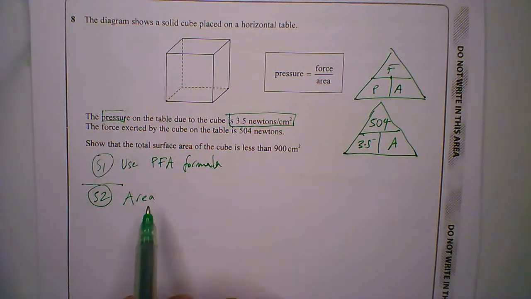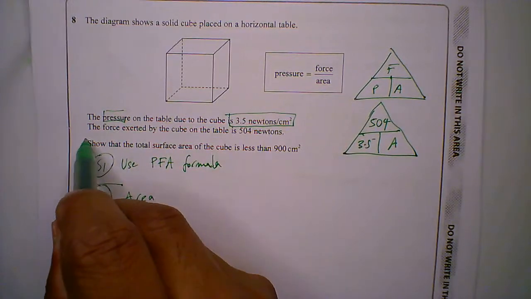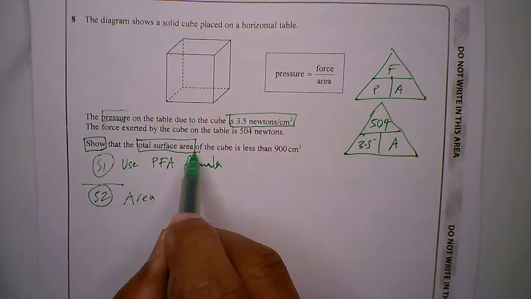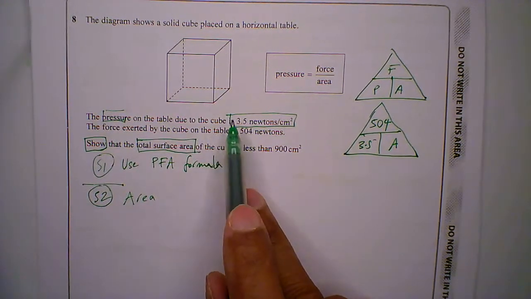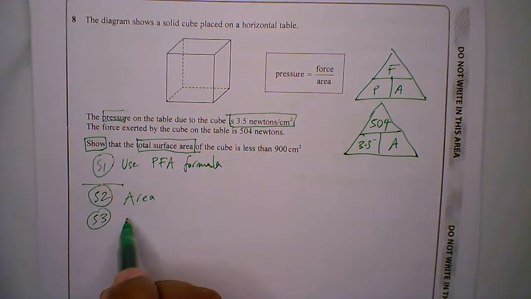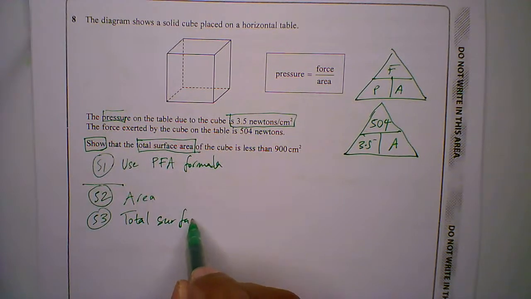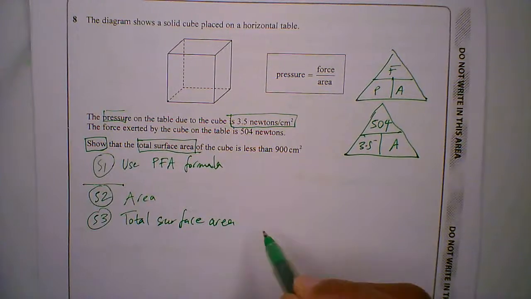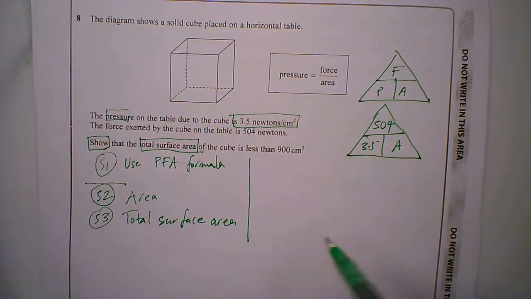Now, if you notice, this area and what the question is saying is slightly different. First of all, it's saying show, so it's giving us the answer, the total surface area. So what this area represents is one side. So from that, my next step will be the total surface area. Okay, so let's go through these steps.